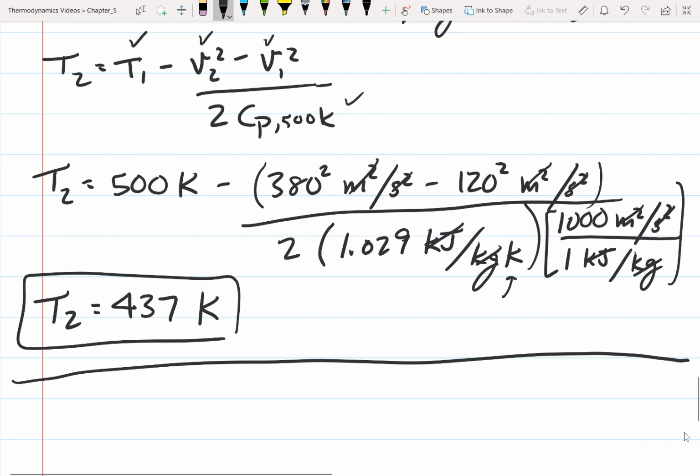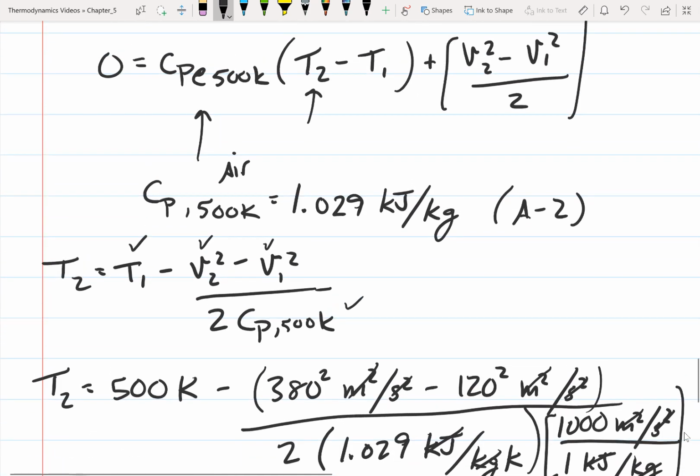There are going to be gases, like neon, argon, krypton, helium, where we don't have data. So for a lot of these other gases, you're going to have to assume a specific heat because you can't just look up the data on a table.